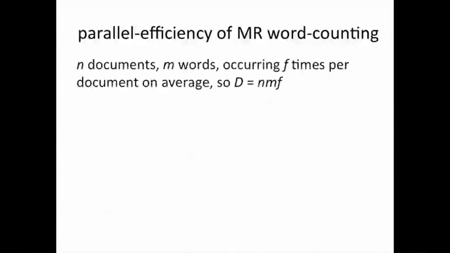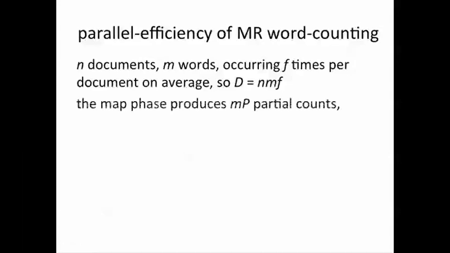Remember that when we were counting words, we had n documents, m total possible words, each occurring, say, f times per document on the average. So the total volume of data to be processed is n times m times f. Now, after the map phase, using combiners, we produce m different partial counts per mapper, and there are p mappers. At worst, there will be mp partial counts.